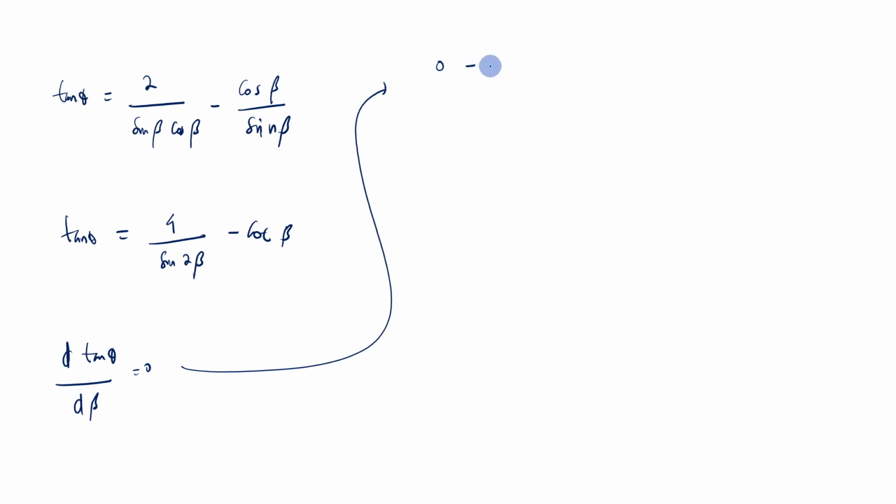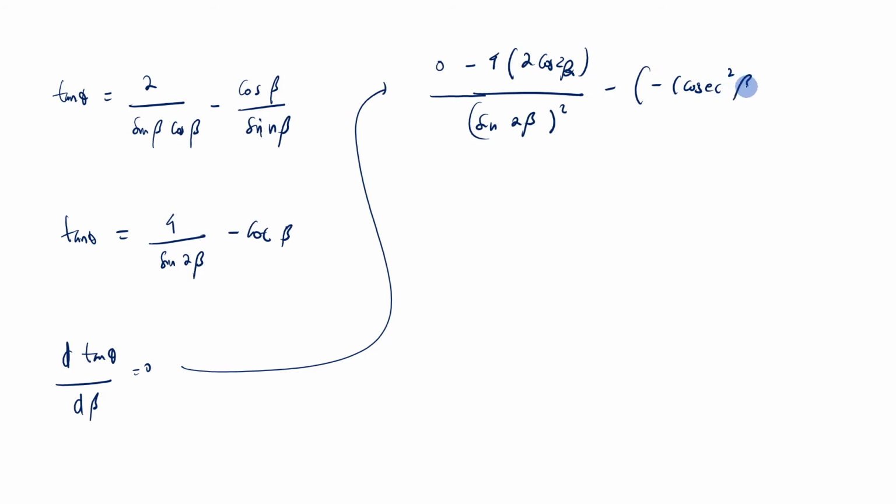Of course, 0, the first term, minus 4 times 2 cos 2 beta divided by sin 2 beta square, minus, cosec beta square equals 0, and we can move cosec beta square to the right side, and we get minus 8 cos 2 beta divided by sin 2 beta square equals minus cosec beta square.